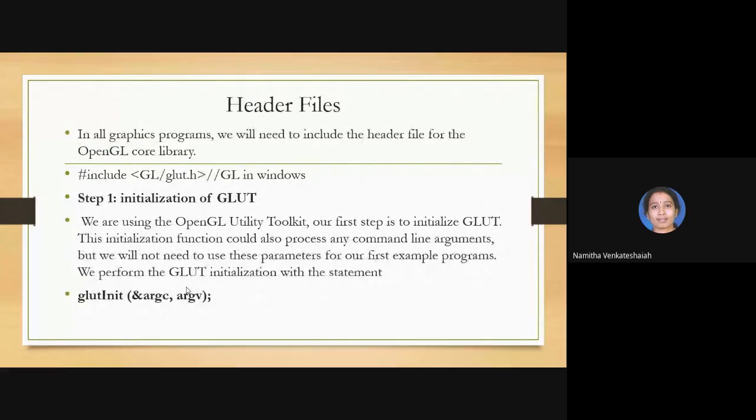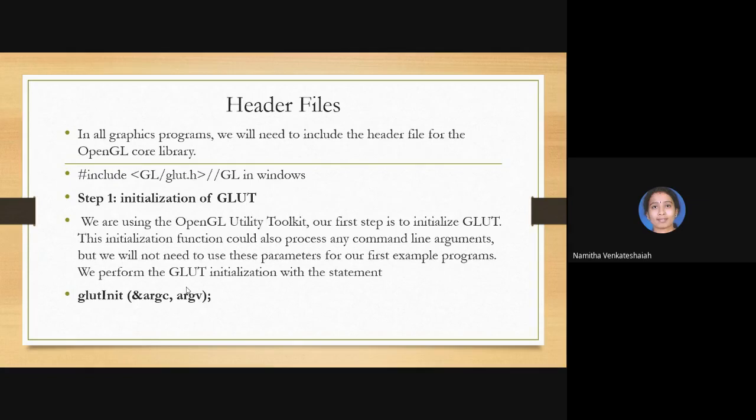So the first one is initializing GLUT. You all know that we are using the OpenGL Utility Toolkit for our computer graphics development. This initialization function could also process any command line arguments. You being computer science students should know about command line arguments.